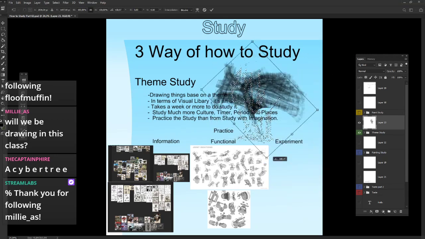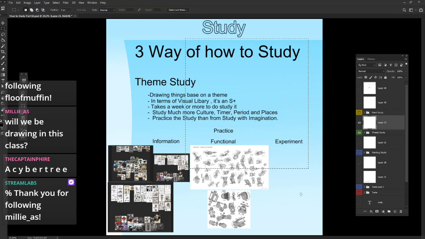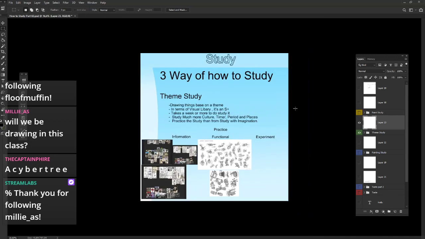Change it a little bit, you know? Maybe it's a completely different form. Now it looks like a flower pot. So experiment is the A and O in terms of studying.